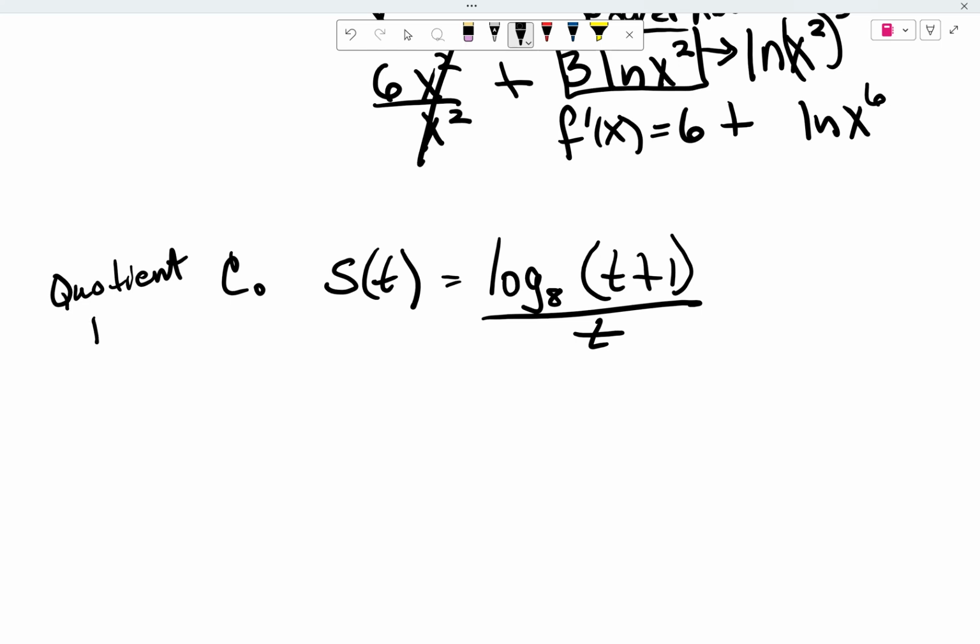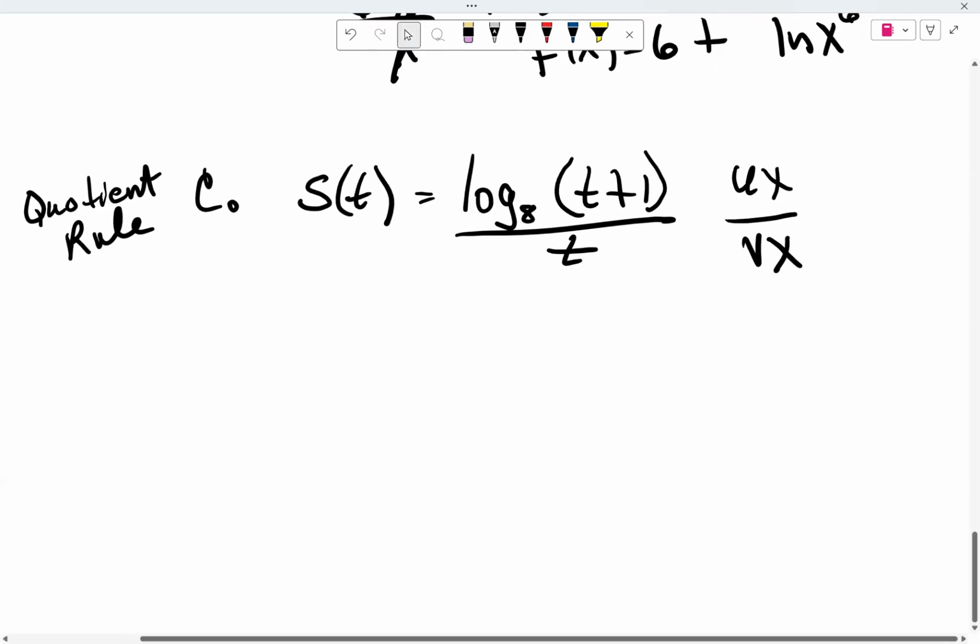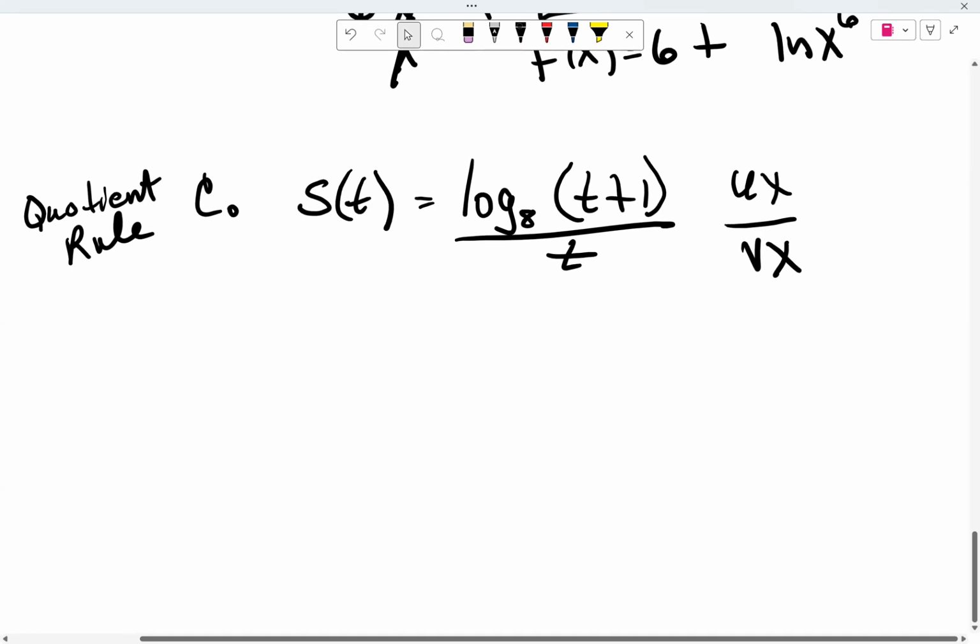Now this one you need to be careful because the order in which we do things does matter. If I think of all of this as u of x at the top, and this is over v of x.